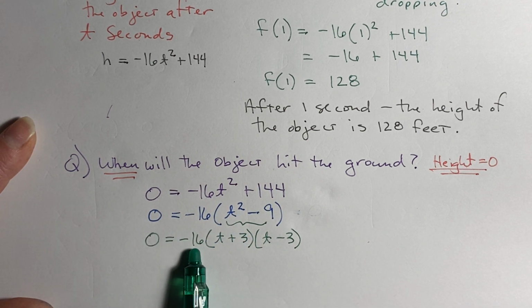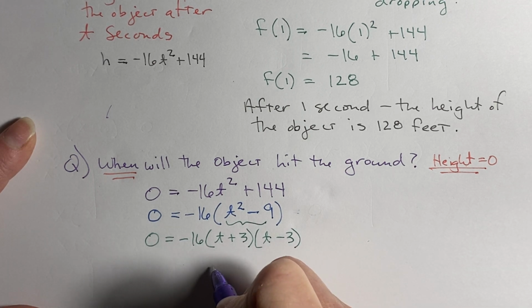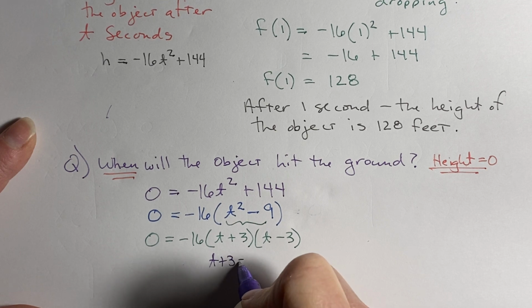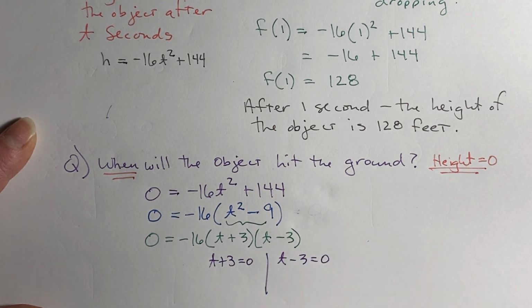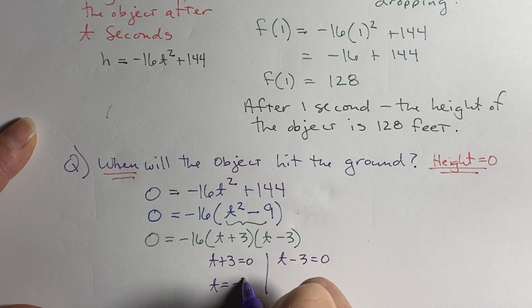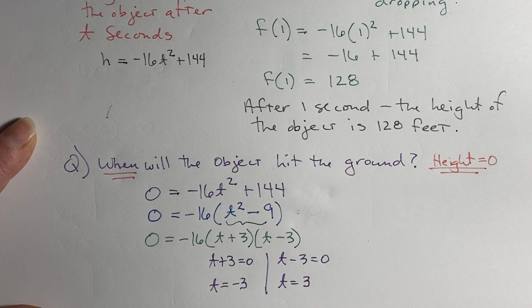Now the first factor, the negative 16, does not contain a variable. It's just negative 16. So that cannot equal 0. So I'm not even going to worry about that factor. So I'm only going to take the factors that have variables, the t plus 3 and the t minus 3. So this one is going to give me a negative 3. This one is going to give me a positive 3.